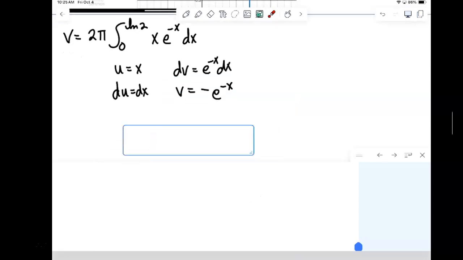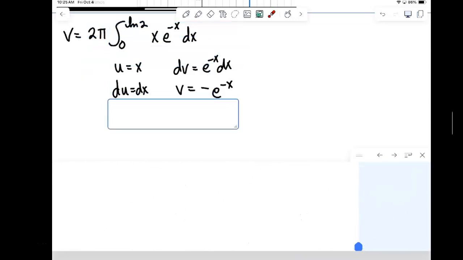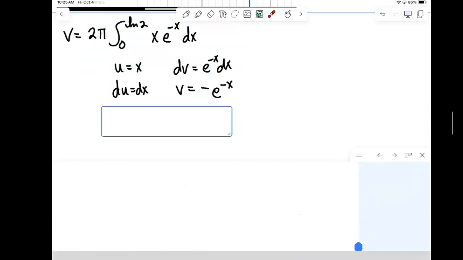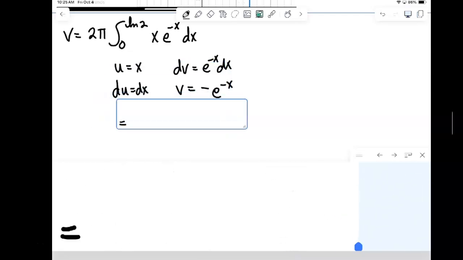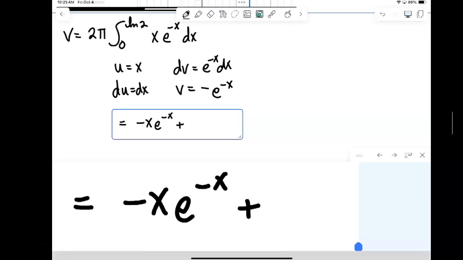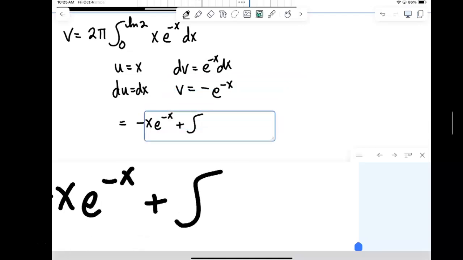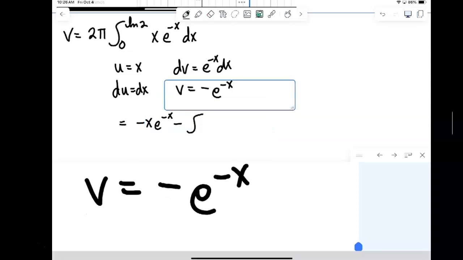And then we do our integration by parts. I'm going to ignore my limits of integration for a moment and come back to them later. So I'm just going to say equals uv, so negative x e to the minus x, plus the integral of, minus, it's the formula, minus the integral of negative e to the minus x dx.